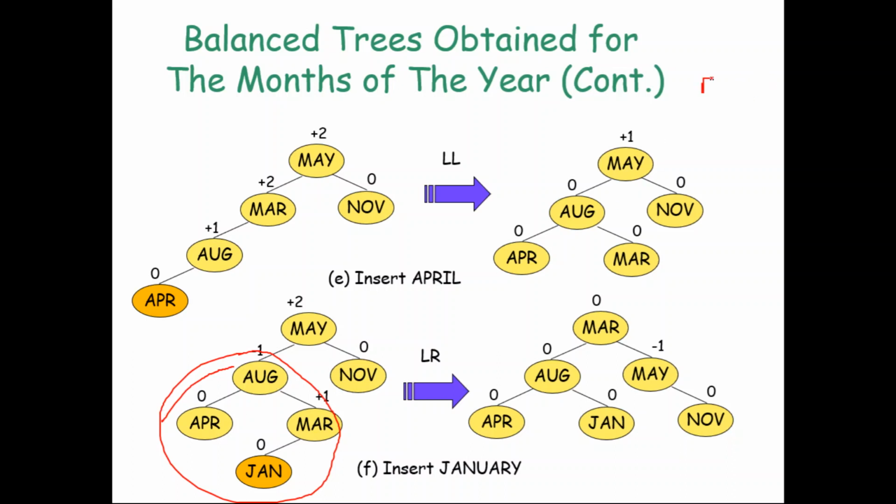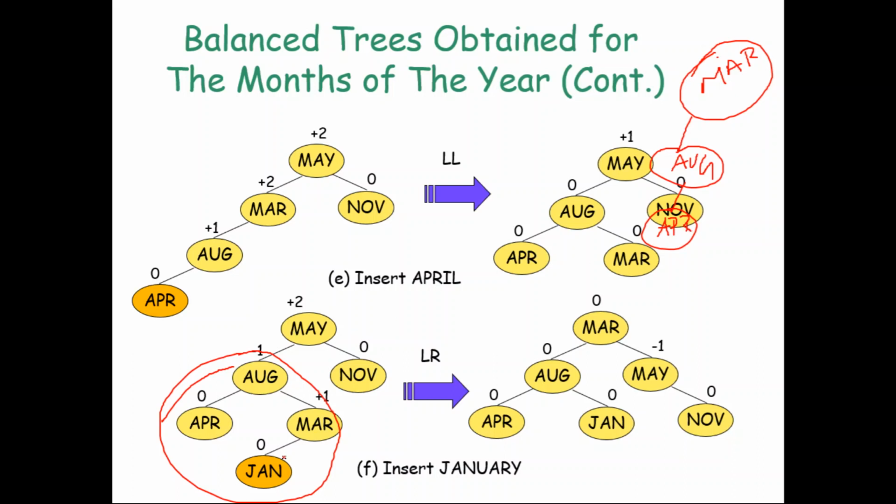March will come here, and August will just go down. August will be the left child of March, and April will again be the left child of August. All these are fine.